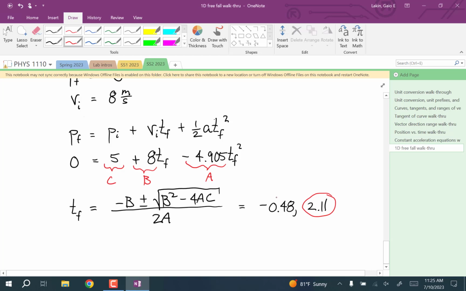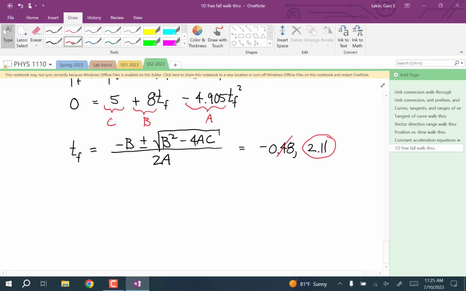Sometimes you have to think a little more about it, but we're never using negative times. We're always setting ourselves up where time equals 0 is the earliest thing in our calculation. And so we're rejecting the negative, and that means 2.11 seconds is the answer. I'll put the units on here. So there's the elapsed time for it to reach ground level.